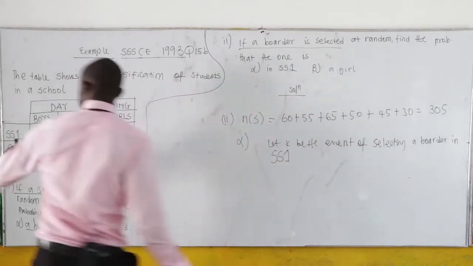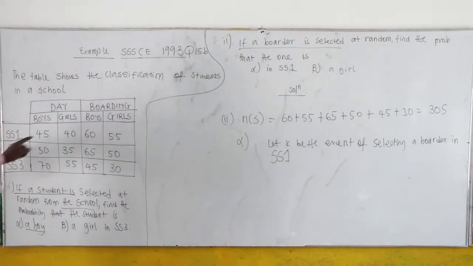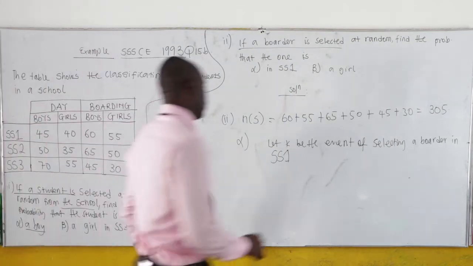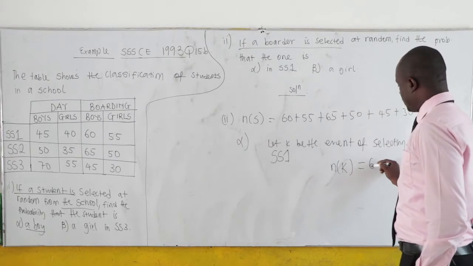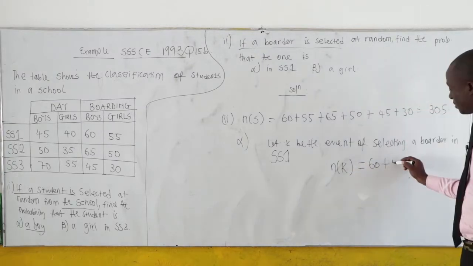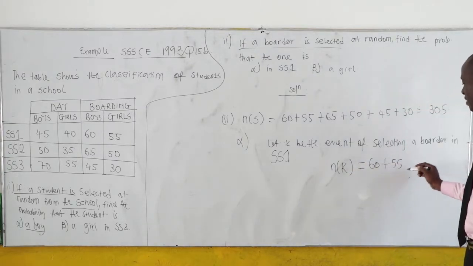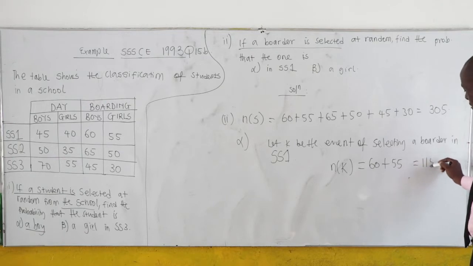So a boarder in SS1, boarding boys 60, girls 55. So that is our number of events. So we have 60 plus 55, and this is 115.